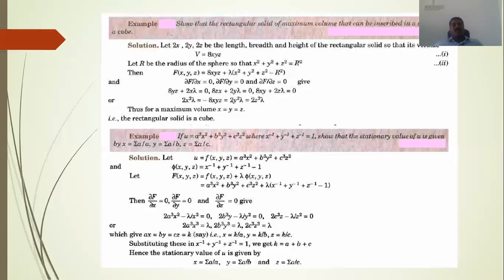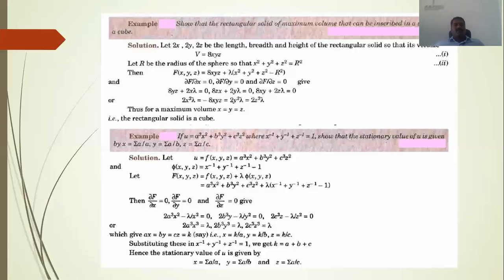Okay. Now, let's construct the Lagrange function. Capital F(x,y,z) = small f(x,y,z) + λφ(x,y,z) = a³x² + b³y² + c³z² + λ(1/x + 1/y + 1/z − 1).